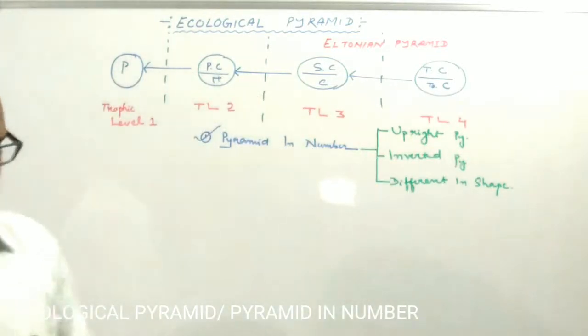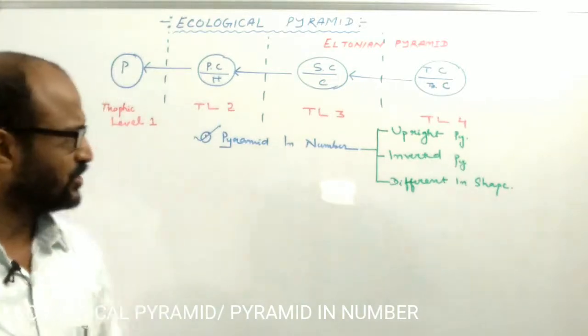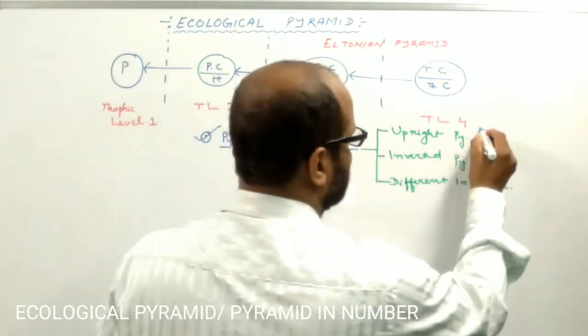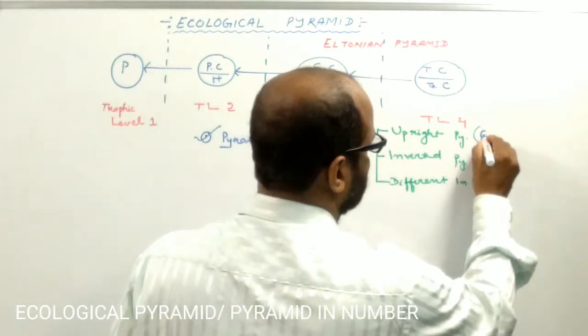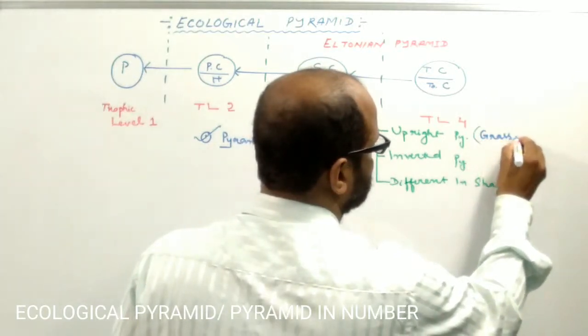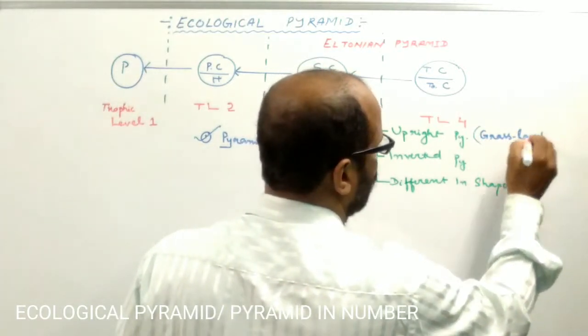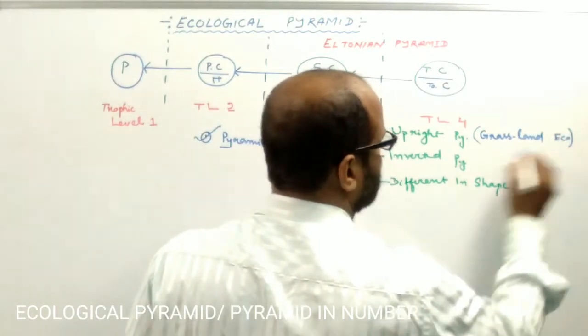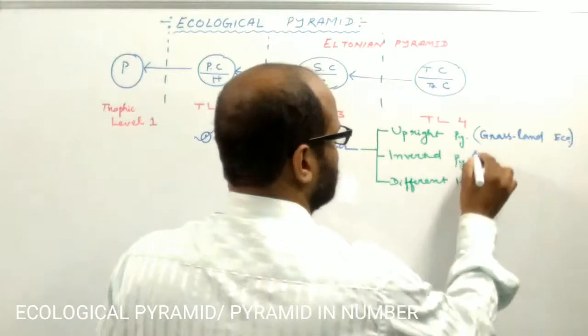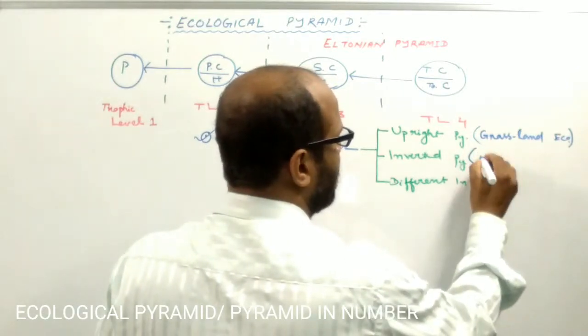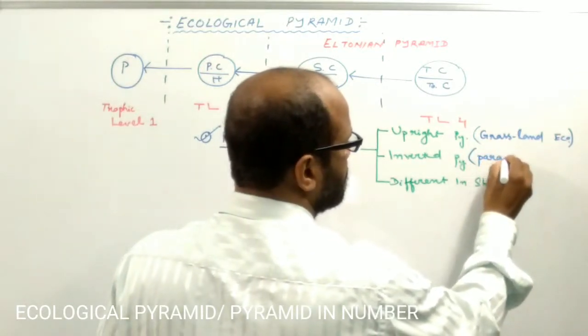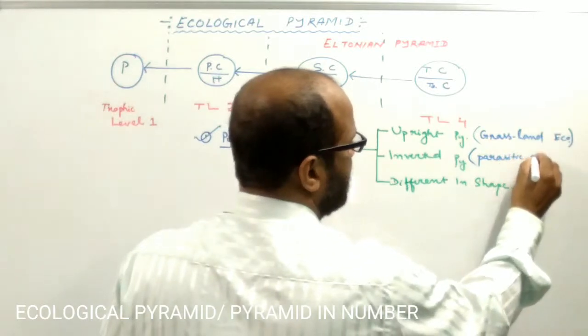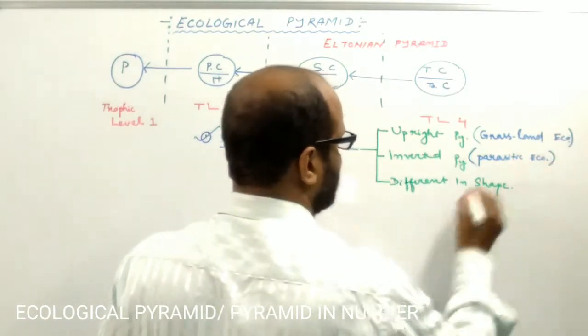The upright pyramid we find in the grassland ecosystem or cropland ecosystem. The inverted pyramid we find in the parasitic ecosystem or food chain.